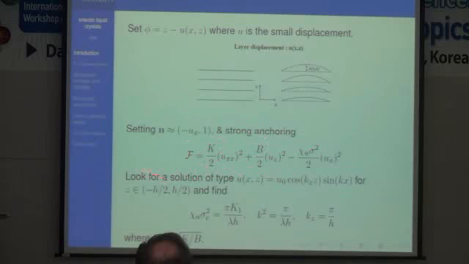They also made an ansatz, looked for a solution of only this type, and then minimized it to find the critical field and undulation mode for this energy. This is the classical Helfrich-Hurault theory, but this is the experiment done by Lavrentovich at Kent State University.